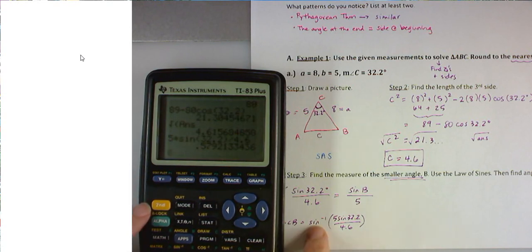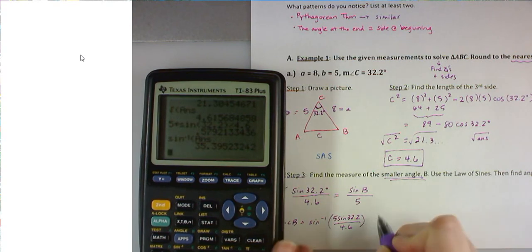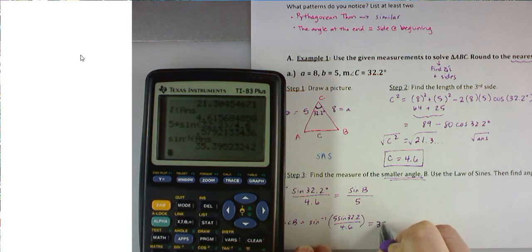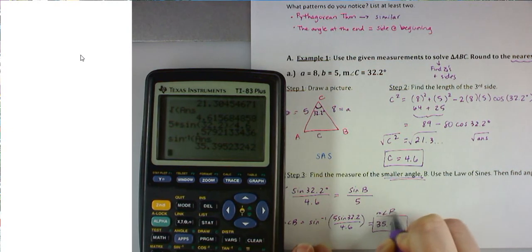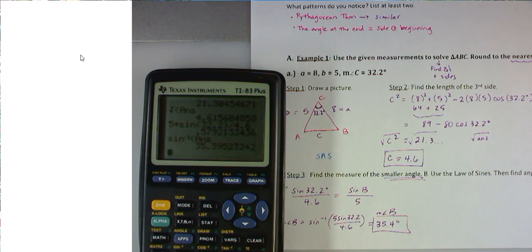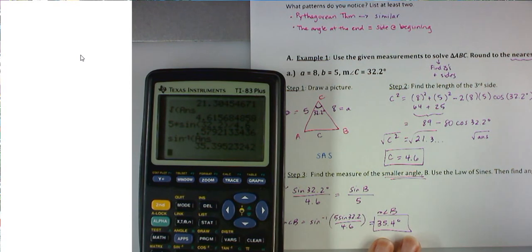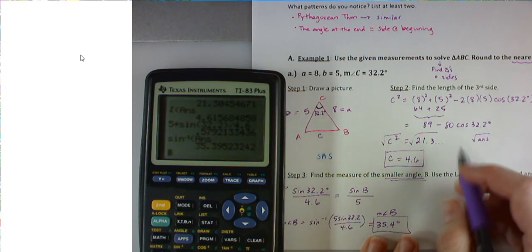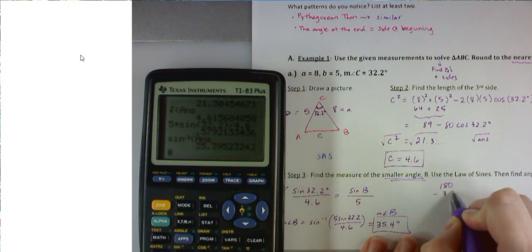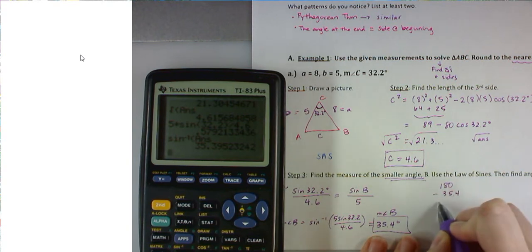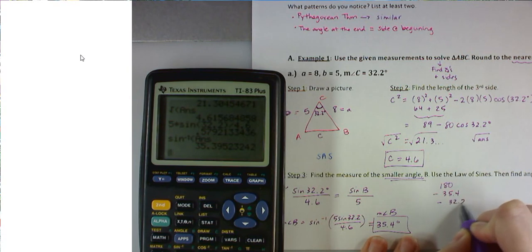So that would be 35.4 degrees, and that's the measure of angle B. And then once you found that, you can find the measure of angle A by subtracting. So 180 minus 35.4 minus 32.2 is going to give you 112.4 degrees, and so that is your measure of angle A. So now you have all three angles and then all three sides.